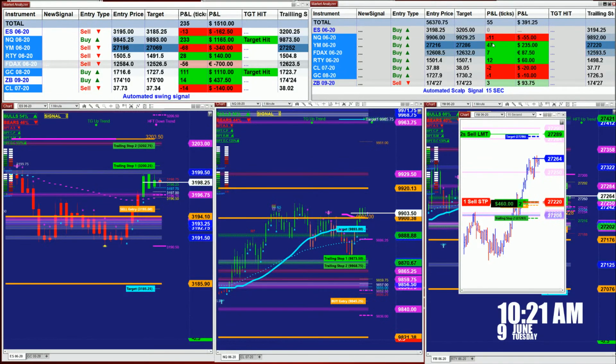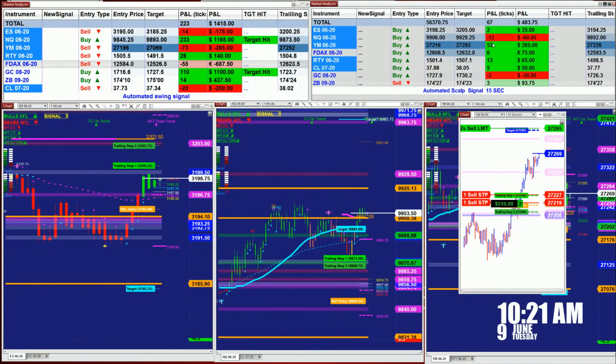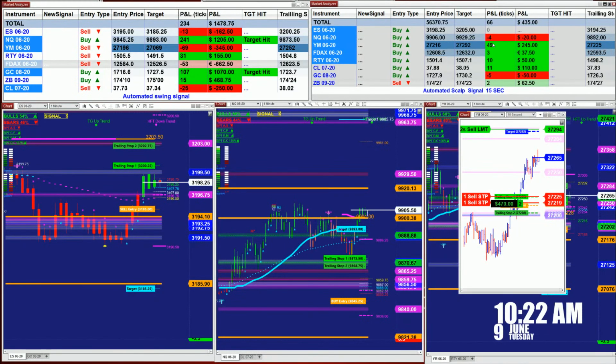So this is a very early prediction that the market is going to start turning around. So you can always use the scalper in conjunction with your 1 minute swing trading, and you try to get them in the same direction, both of them, and you can really monitor the market very well.